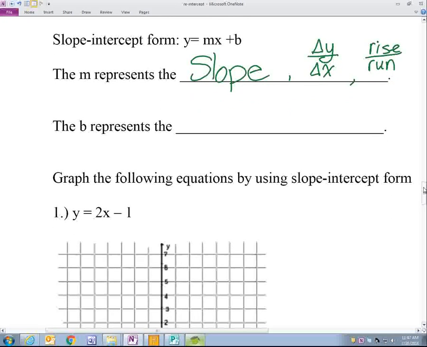And b represents the y-intercept. b equals the y-intercept.